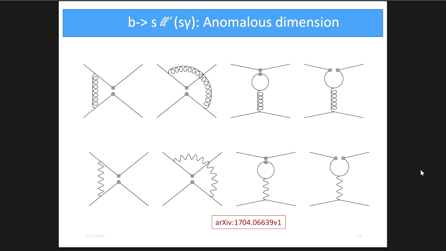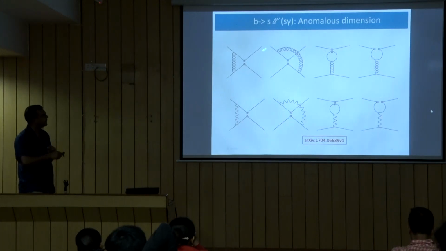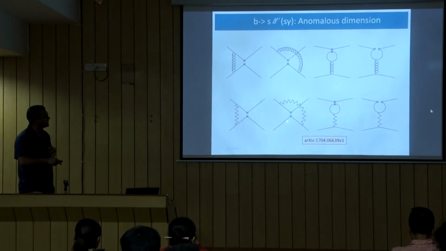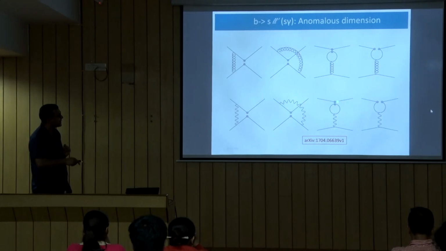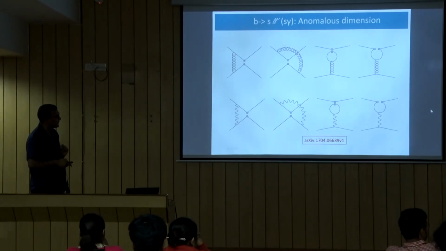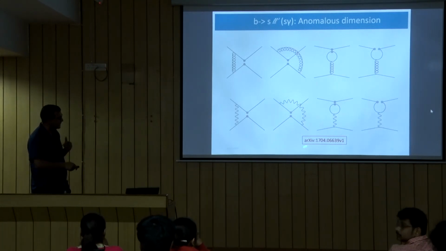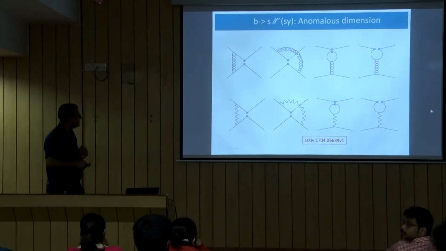And here these are corrections to all the other types of vertices. These are also 4 fermion, but different types of operators are there. And also you can have gauge dependent things and all of that. So, you can see the details here. I am not going to discuss it here.